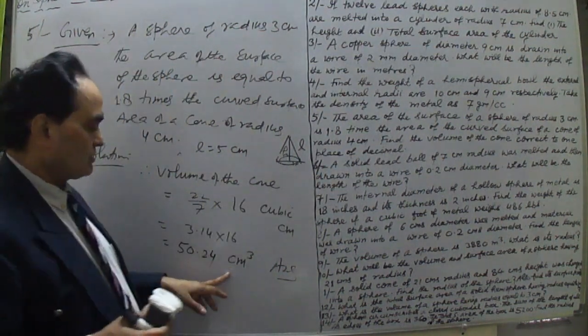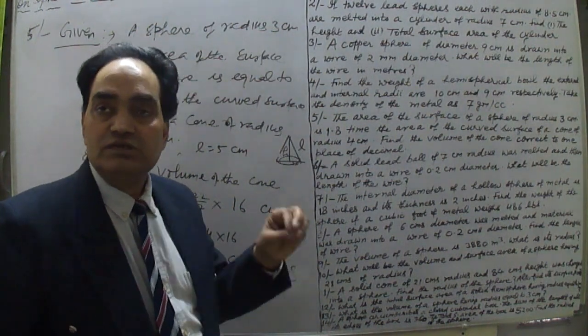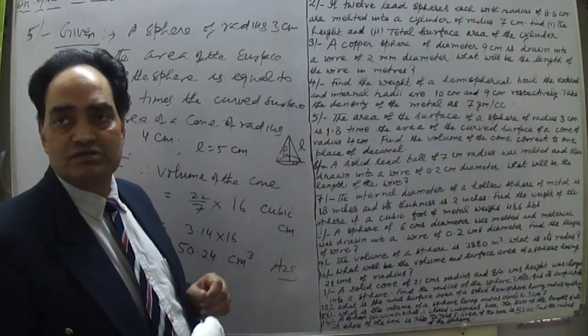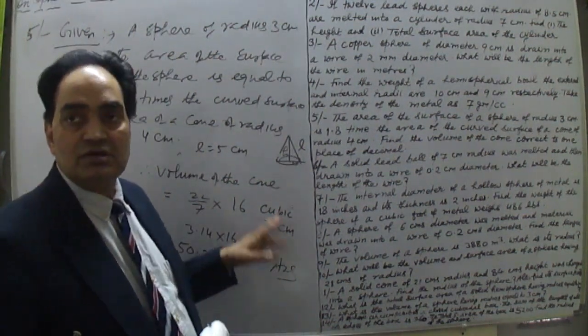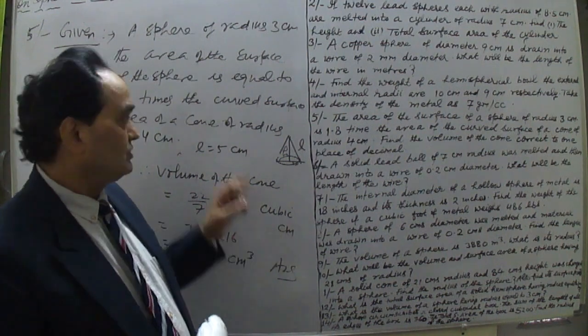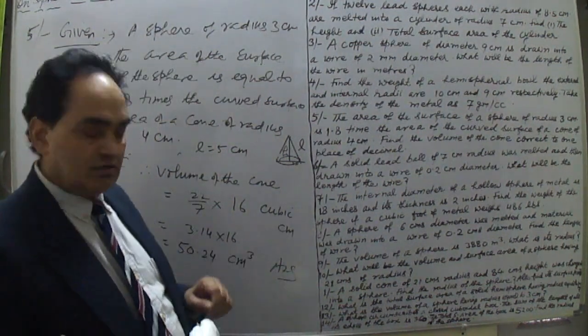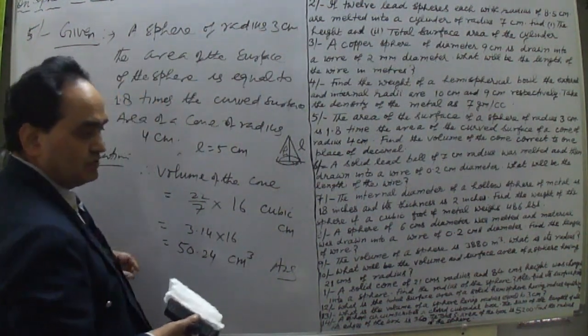So for vertical height we have to know the slant height as well as the radius. First we calculated the slant height, then we calculated the height, which was 3 centimeter, and slant height was 5 centimeter. Radius is 4. By Pythagoras theorem we calculated the value of L, then by the same Pythagoras theorem we calculated the value of H also.